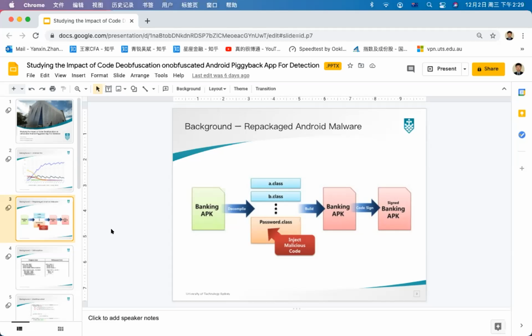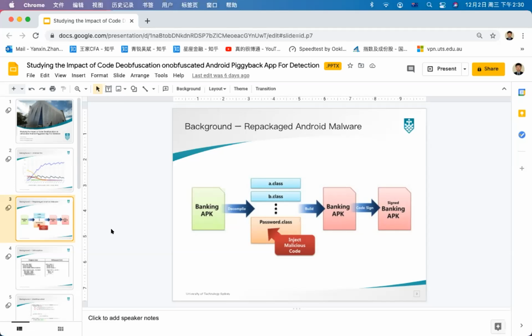They check the APK file even before it is installed on mobile phones, to see if it contains malicious code, whether it is malware or benign. But attackers are becoming smarter, and they take actions to evade the detection of these antivirus products.